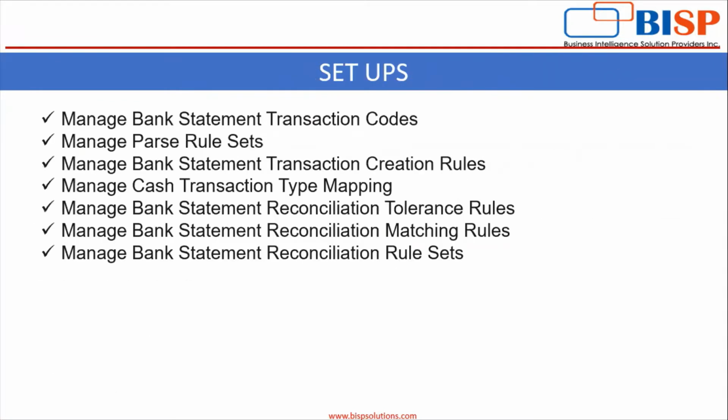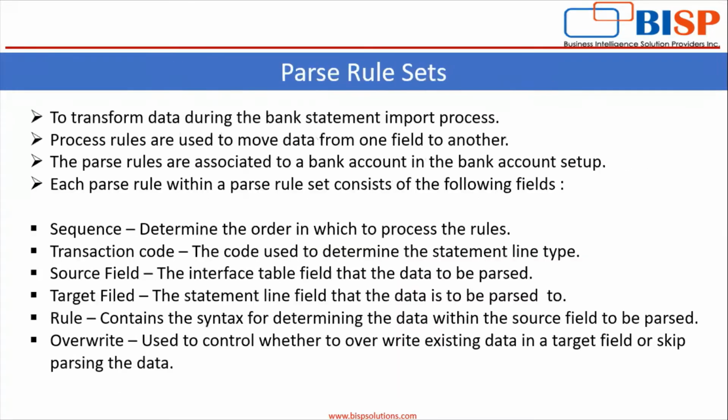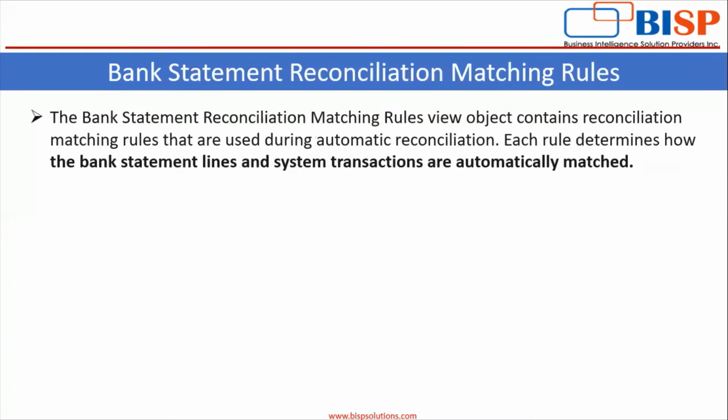The next setup is manage bank statement reconciliation matching rules. The bank statement reconciliation matching rules view objects contain reconciliation matching rules that are used during automatic reconciliation. Each rule determines how the bank statement lines and system transactions are automatically matched.